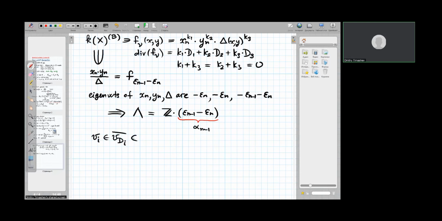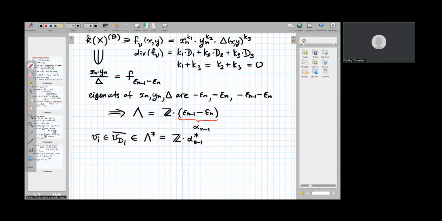These vectors are in the space, well, even in the dual lattice lambda star, which is again of rank 1, and it is spanned by the covector, by the dual weight, which is dual to this alpha n minus 1. I will denote the generator of this dual weight lattice in the following way: alpha n minus 1 star.